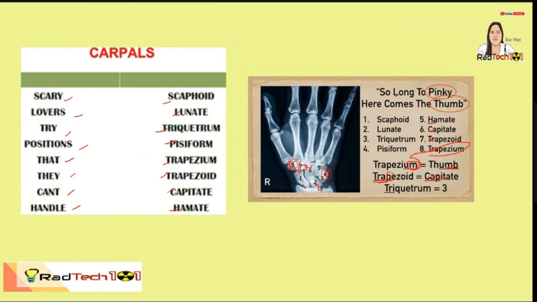Magkakaiba lang, trapezium, may M, so thumb. Trapezoid, capitate. Yung triquetrum naman, try for 3, that is number 3 in our numbering kanina. So 1, 2, 3. So long to pinky, here comes the thumb. Whatever suits you, as long as it can help you recall the 8 carpal bones, that is fine.